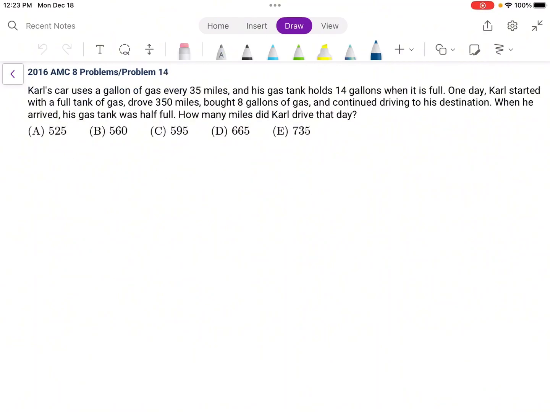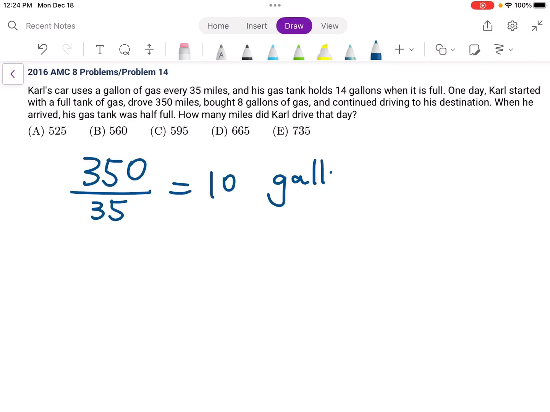Problem 14. Because he can go 35 miles with 1 gallon of gas, when he drove 350 miles, we use that to divide 35, and that gives us 10 gallons of gas he used.